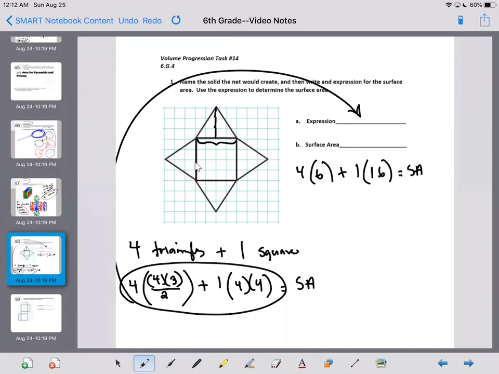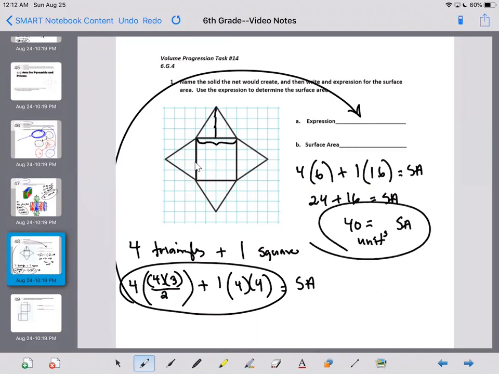So that's going to be 24 plus 16, and that should be 30 and 10, 40 square units for the surface area. So the expression is good to build because you know you've got to find that surface area, so you're creating that expression in order to find the surface area.